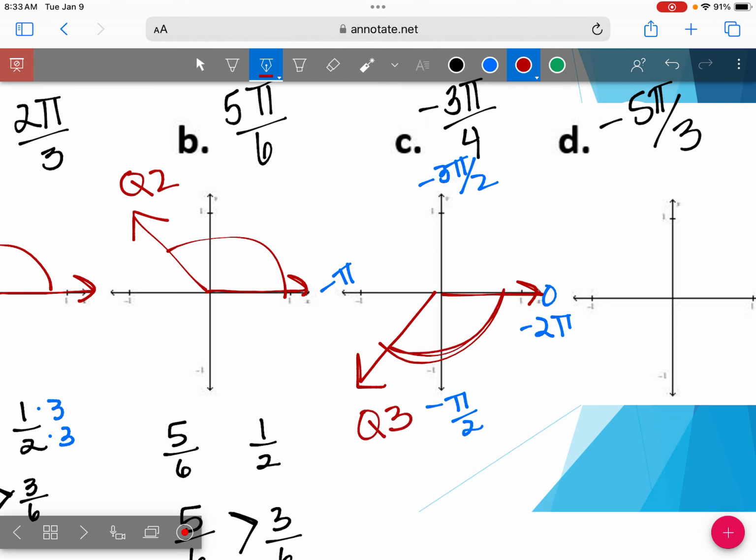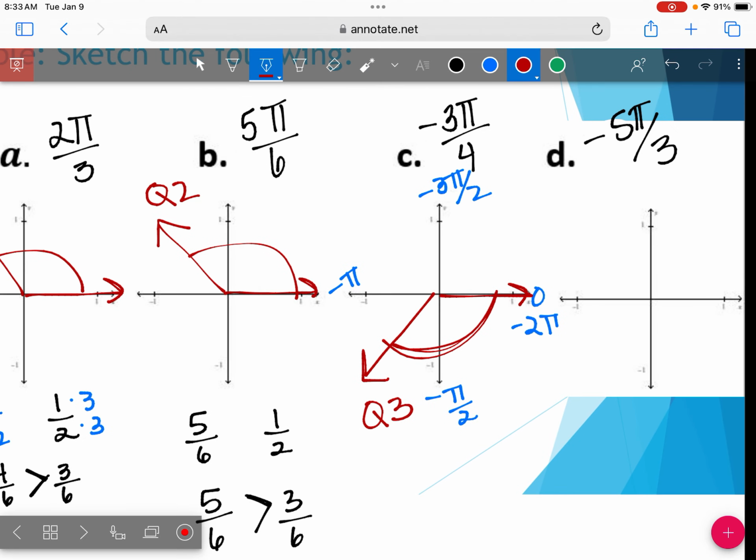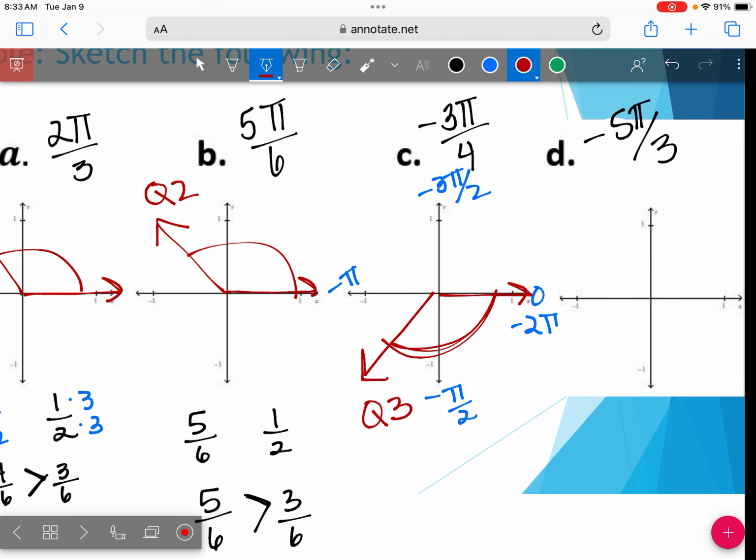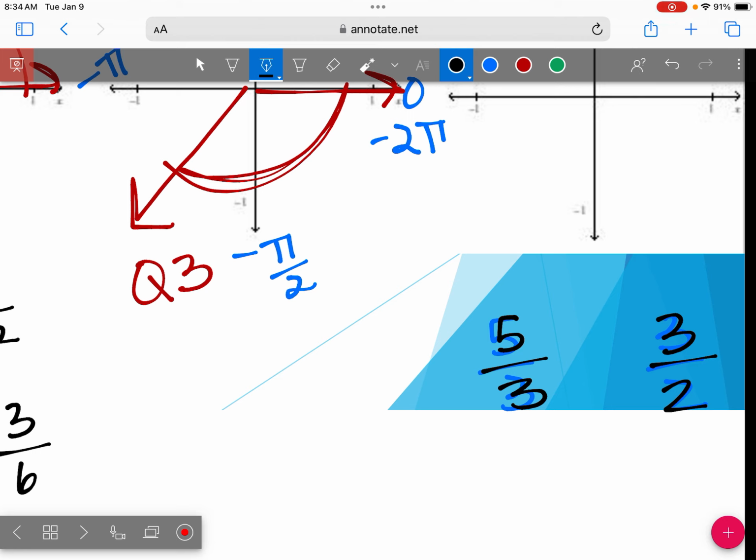All right, last one. What about -5 pi over 3? All right, you all doing really good. So 5/3, we just have to figure out, is 5/3 more than 3/2? And I know I'm writing blue on blue, so let me do this in black so you can actually see what I'm writing. So again, you can always compare apples to apples by writing it with a common denominator.